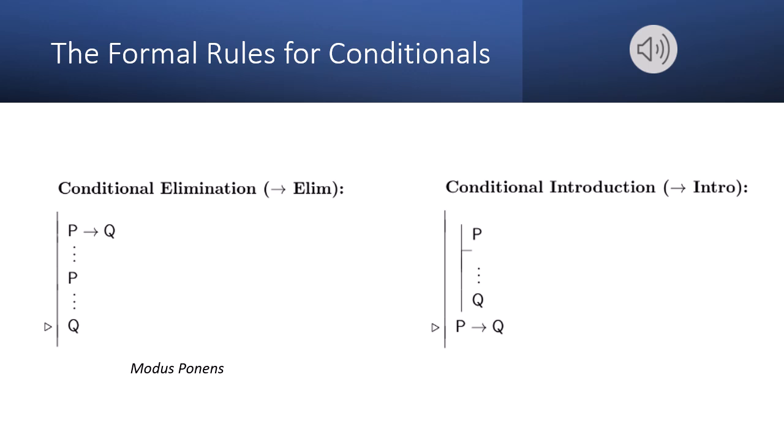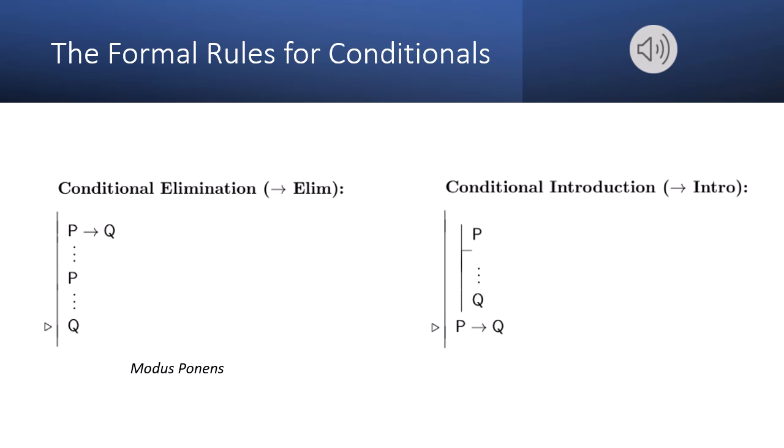And we have a nice way of introducing temporary assumptions within our Fitch style system. That's with a subproof. So conditional introduction starts by introducing a subproof with the temporary assumption that P is true.